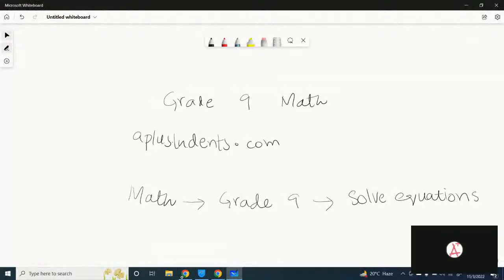And the lesson name is model and solve equations using algebra tiles.